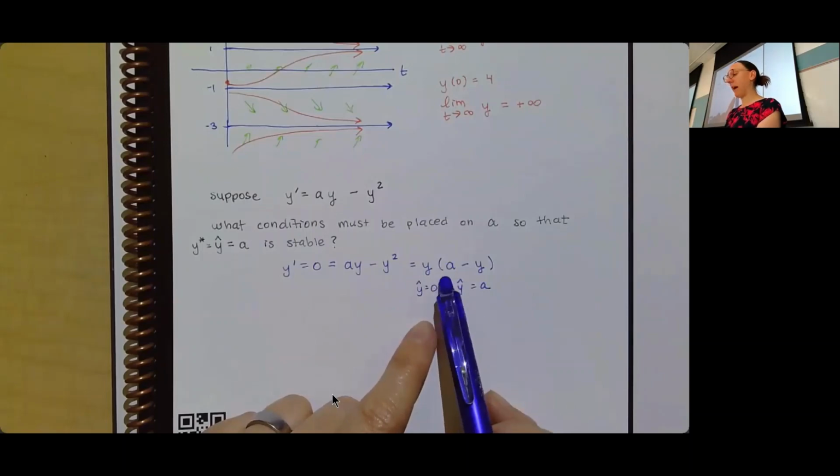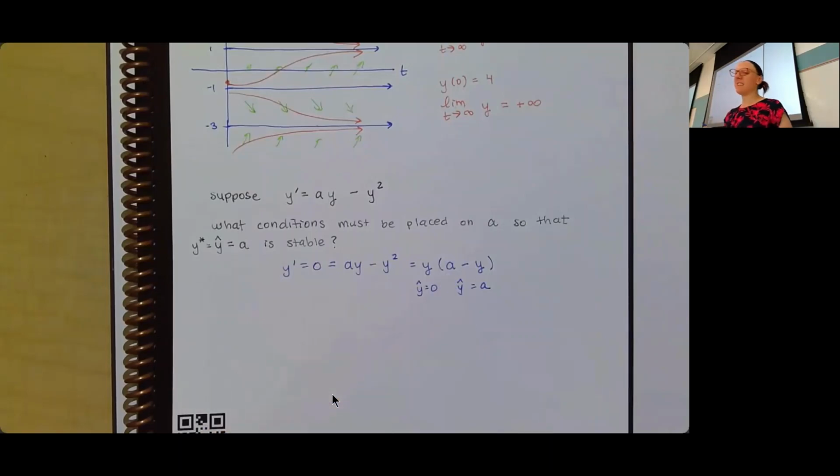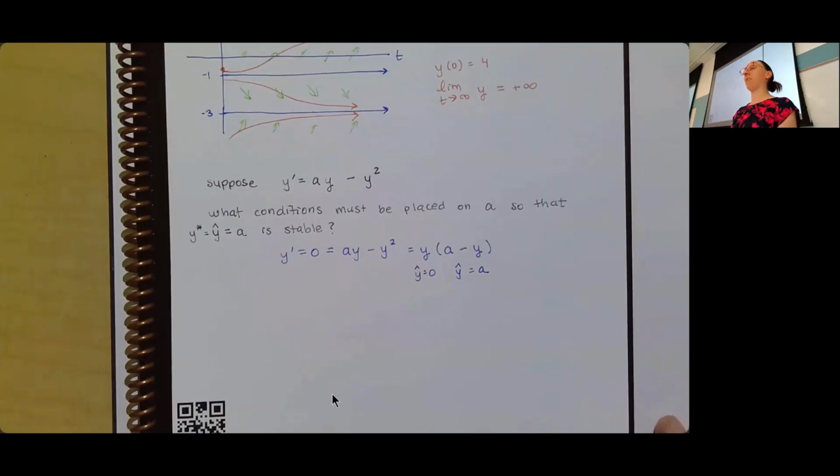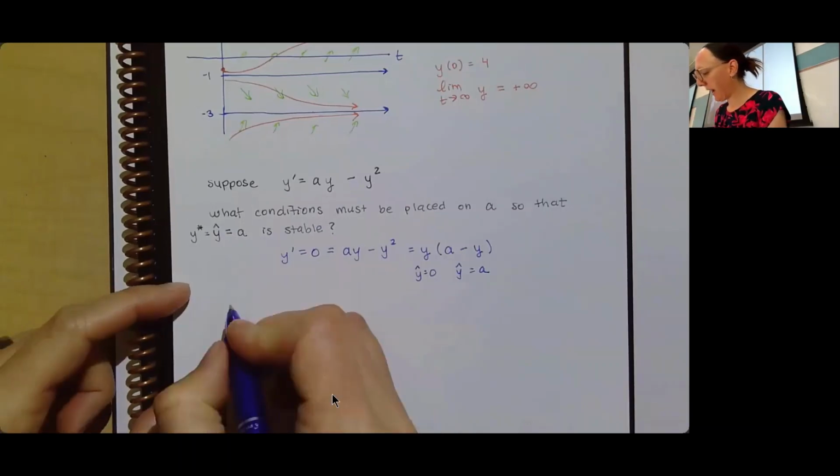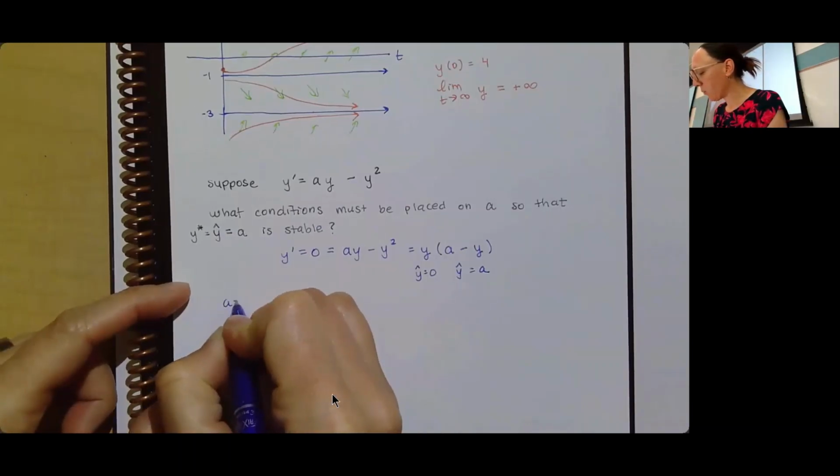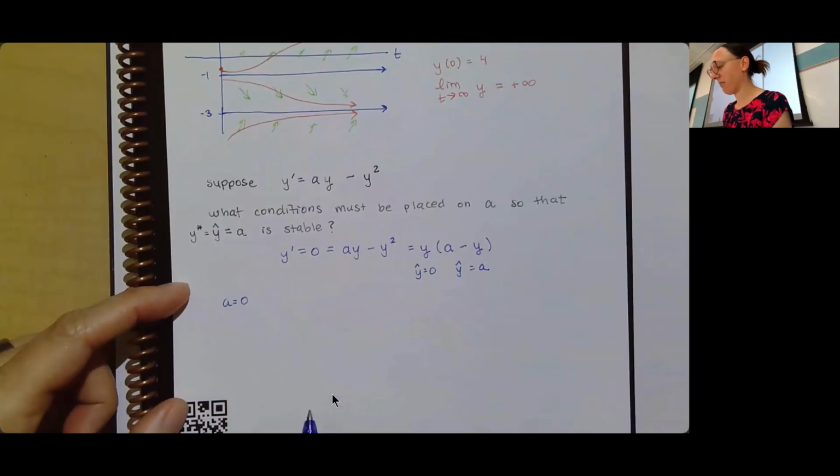And then we can think about that A being positive or negative and whether that changes anything. So I'm going to graphically think about that, and then we can also use the stability criterion to think about it. So I'm going to start with graphical and see what would happen if A was 0.